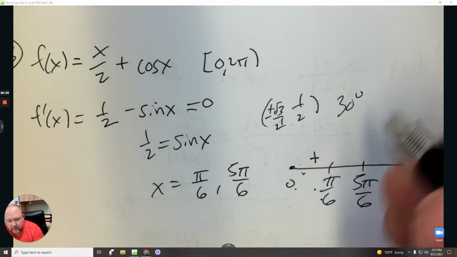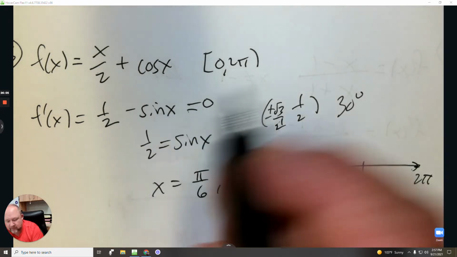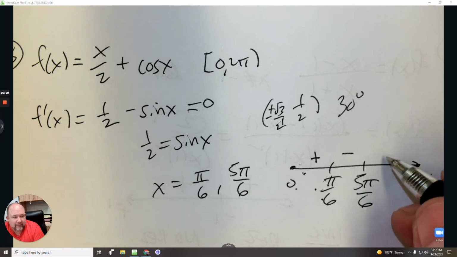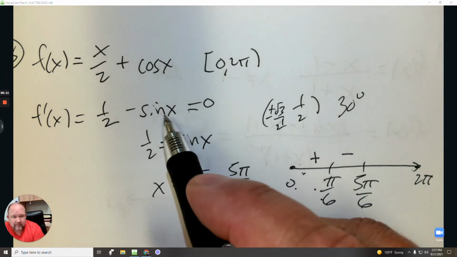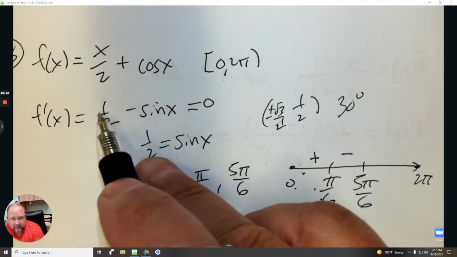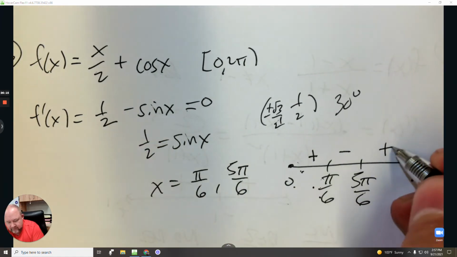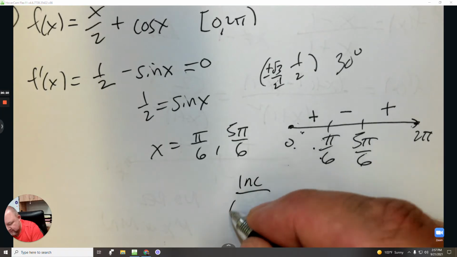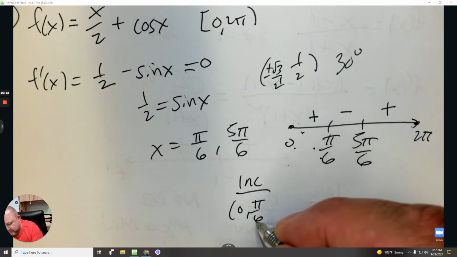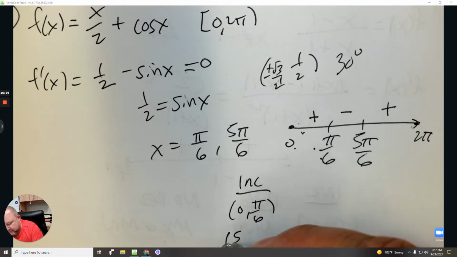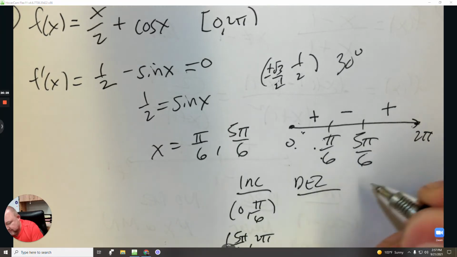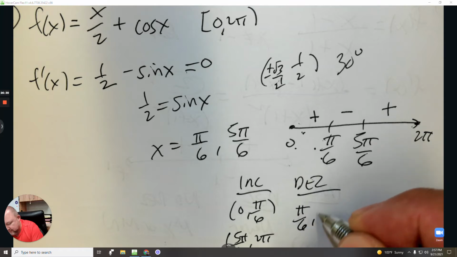Sine is positive 1. That's going to give you 1/2 take away 1. That's a negative answer. At 5 pi over 6, something bigger, so like pi. If I plug in pi here, sine is 0, which gives me a positive answer. So it alternates back and forth. This is increasing from 0 to pi over 6, and from 5 pi over 6 to 2 pi. This is decreasing from pi over 6 to 5 pi over 6.